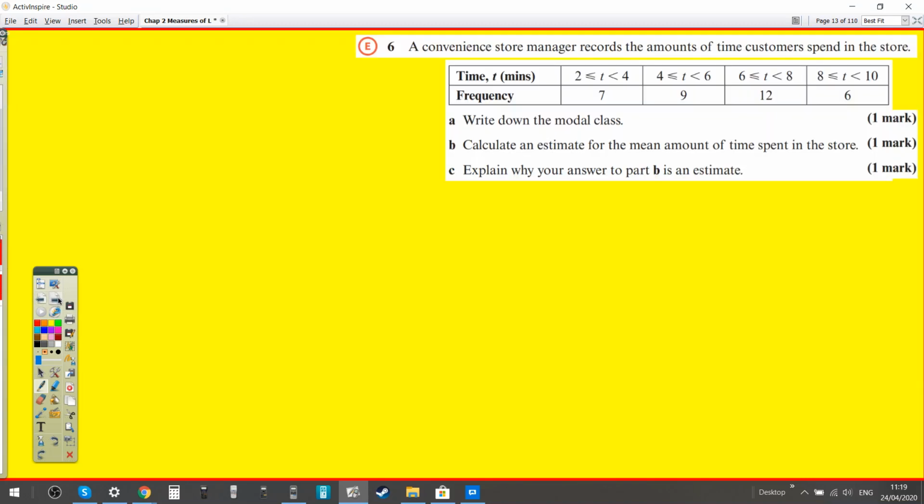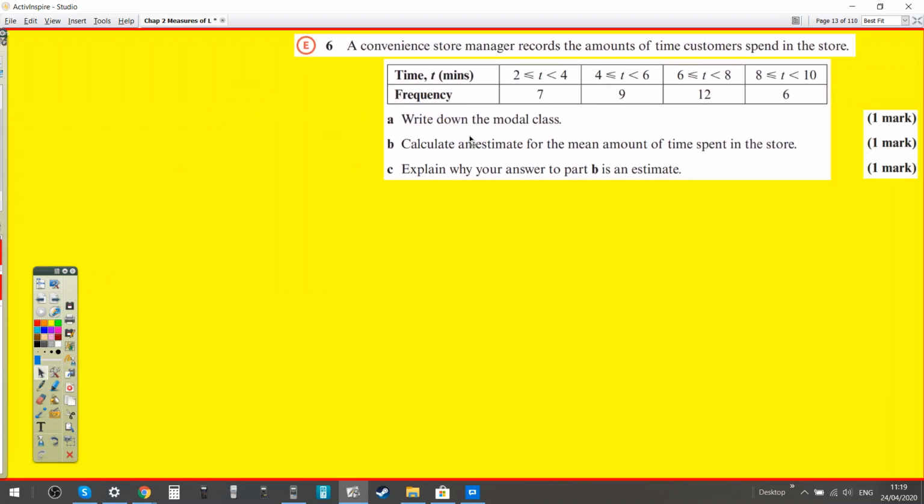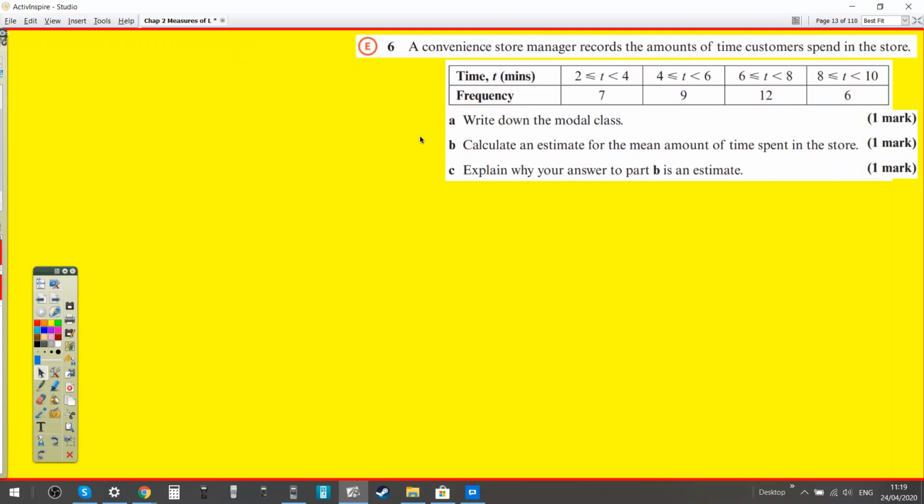So this is just about putting it into this. Okay, now we have grouped data. How do we do this?